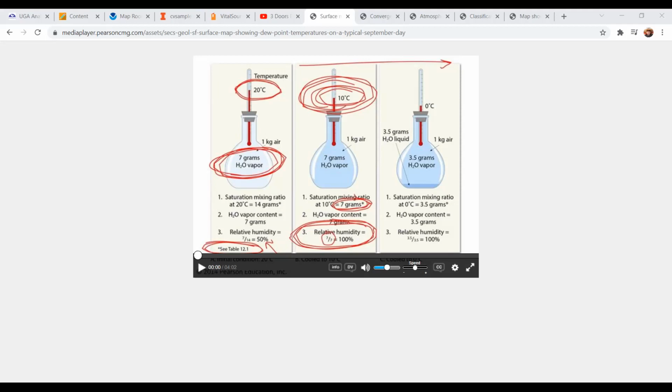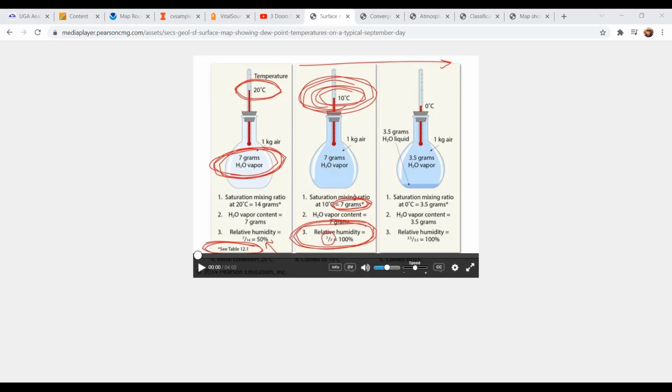As more and more water molecules start to escape from the water surface, the vapor pressure continues to increase. This forces more and more of the water vapor molecules to return to liquid. So we get this situation where we have water that's evaporating, so liquid water becoming water vapor, and this sets up this vapor pressure.